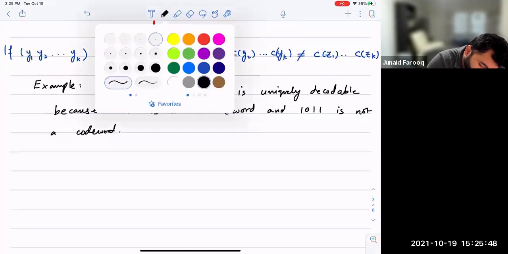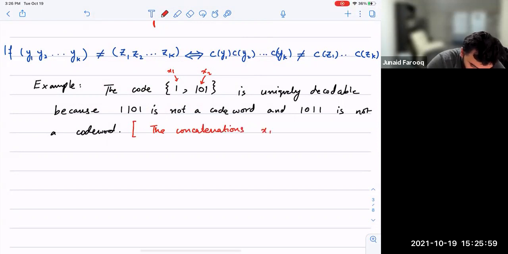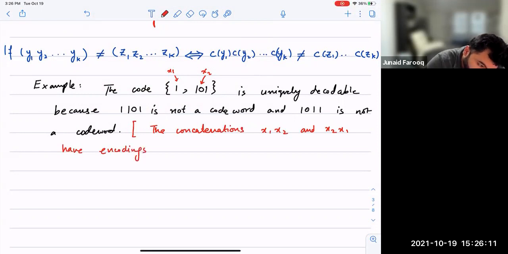In other words, the concatenations x1, x2 and x2, x1 have encodings 1101 and 1011, which are not equal.